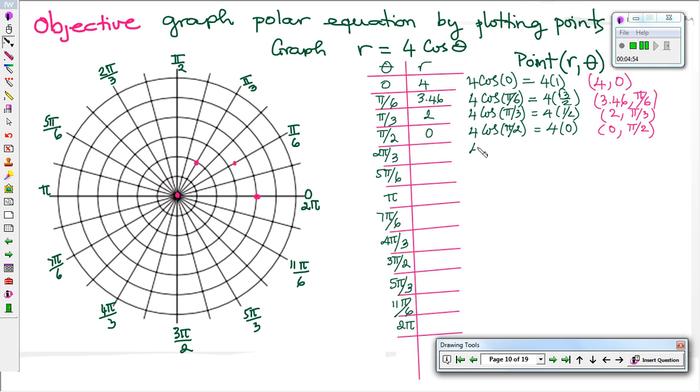So let's look at the next one. Now we have 2 pi over 3. So we do 4 times cosine of 2 pi over 3. It'll be 4 times negative 1/2, so that will give us negative 2. Since our directed distance from the pole is a negative number, it's a little bit tricky to plot the point. So the point is negative 2, 2 pi over 3.